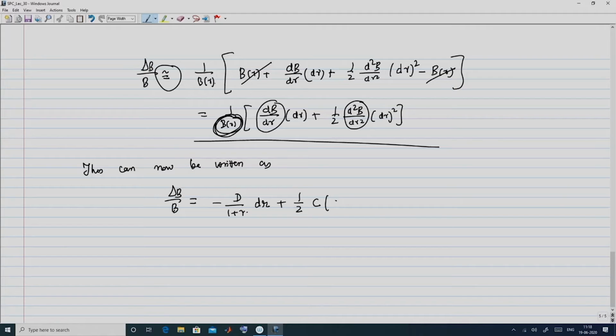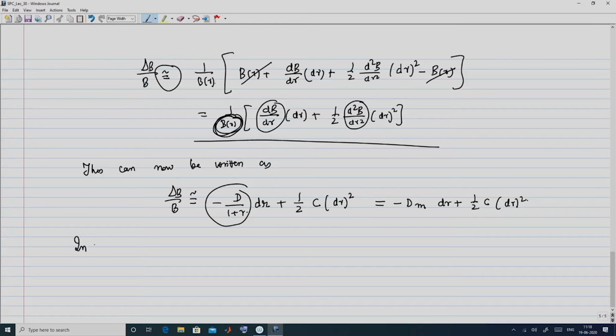So, this is C into dr square, and this term here was used to define the modified duration. So, this can be written as minus Dm into dr plus half C into dr square, and this of course is in the sense of approximation.